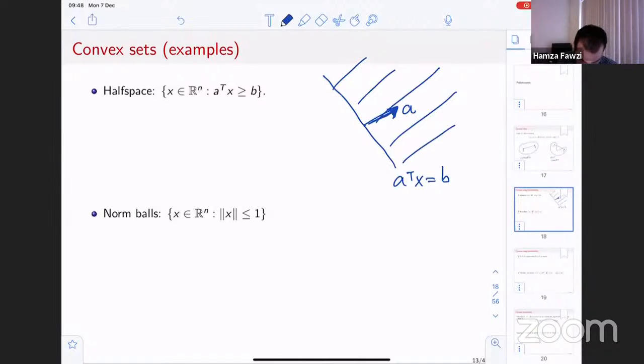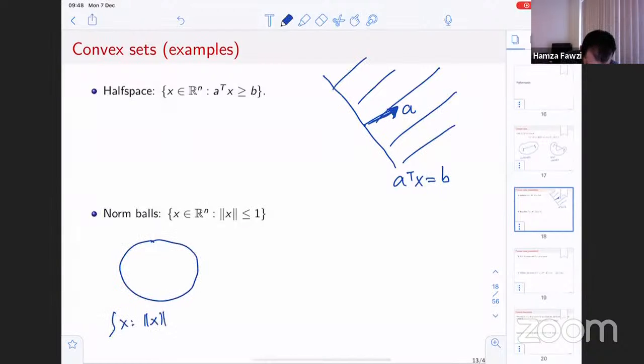You can show that any convex set is essentially an intersection of half spaces, possibly infinitely many. Here a norm ball is the set of x such that the L2 norm of x is less than 1. This is a convex set, obviously, but it could be, let's say, the set of x such that the infinity norm of x is less than 1.